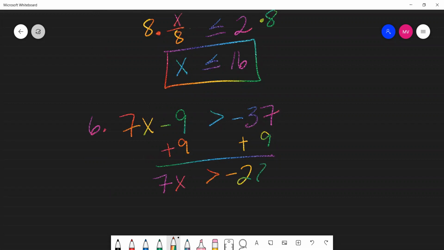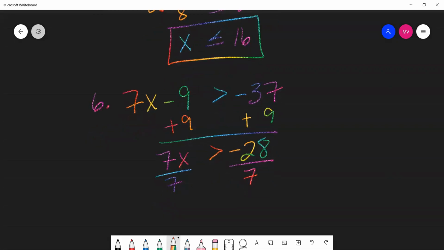Because they're negative and positive, so they're unlike. Yep. Then you divide both sides by 7, which you will get negative 4. Okay. What's our full inequality? X is greater than negative 4.